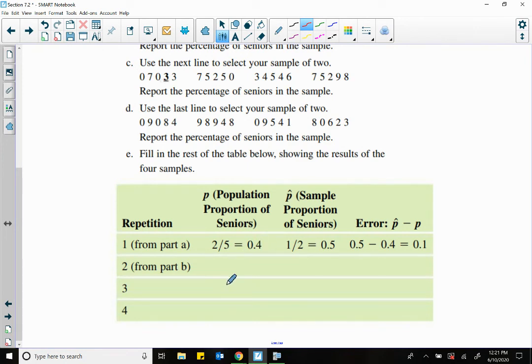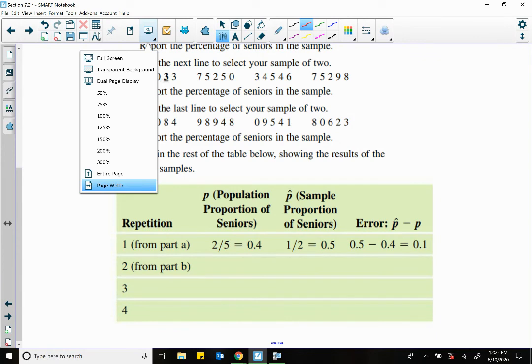Now remember what I told you a couple minutes ago about the population proportion, because these should be real quick to fill in. The sample was what we did in part A. We found 1 out of 2, which is 0.5. And then the error would be 0.5 minus the 0.4, which is 0.1. That's how you're going to fill in the table.